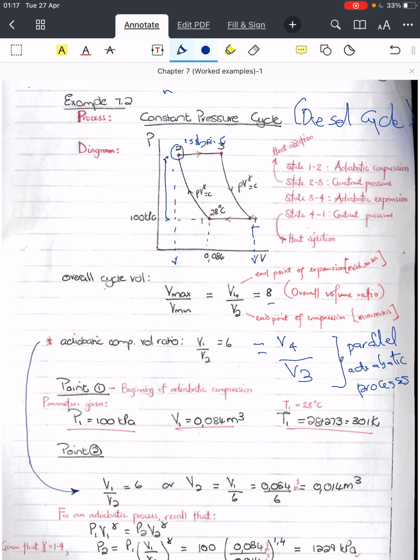The only difference is that one is compression and the other one is expansion. So we've taken note of that.